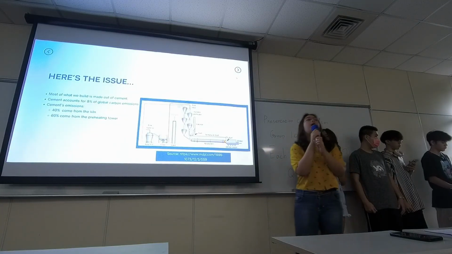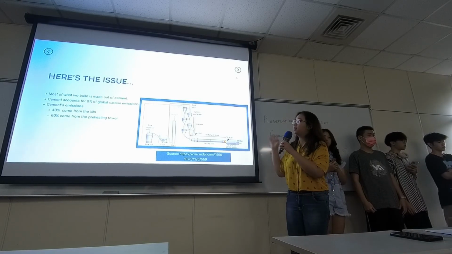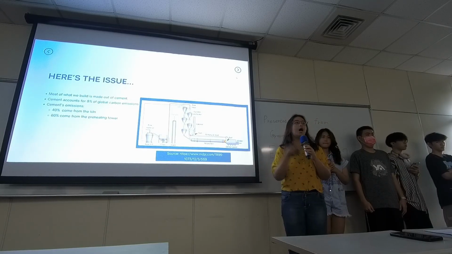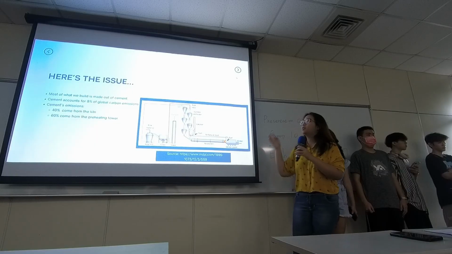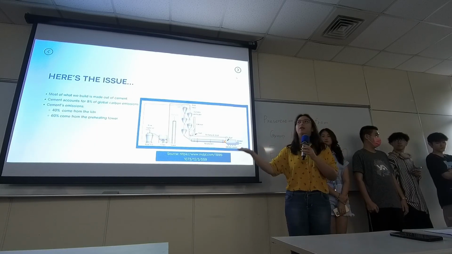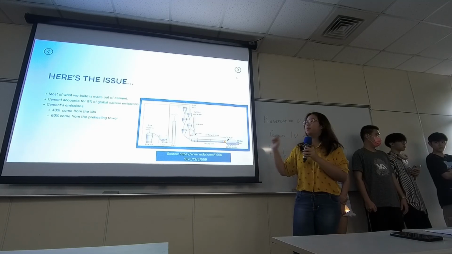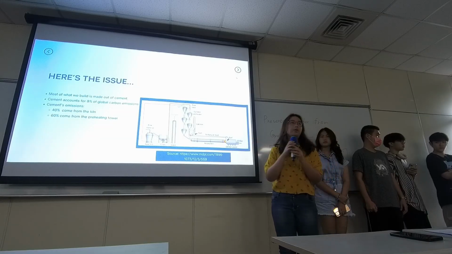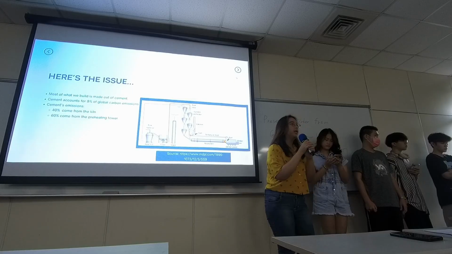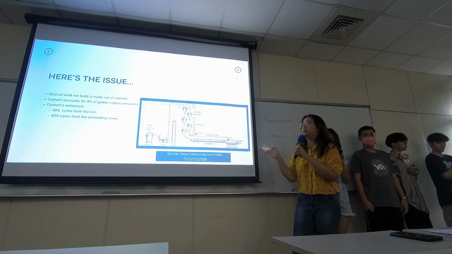Okay, so the issue with cement is that almost everything we use to build buildings, houses, etc., is made out of cement. Like this room right here is made mostly out of cement. But the problem is that cement accounts for 8% of global carbon emissions, which might not sound like a lot, but it's actually a very big amount in the whole picture.